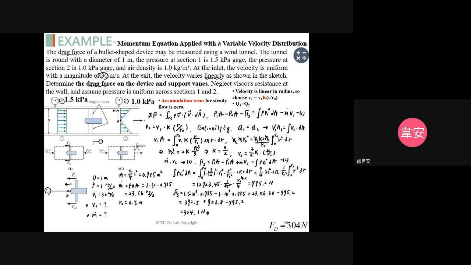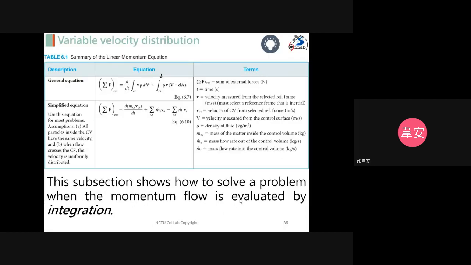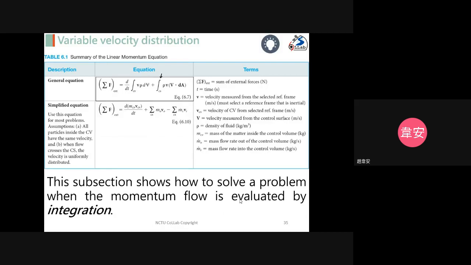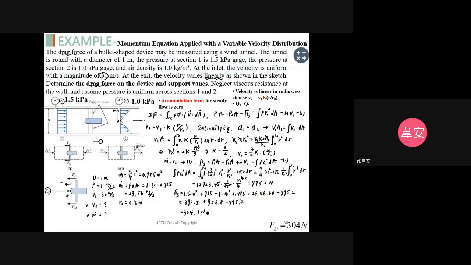And the support force is negative with the same force magnitude. Okay, so this is our final exercise for the problem. We fixed the stationary control volumes. Okay, so we are going to move to the quiz.